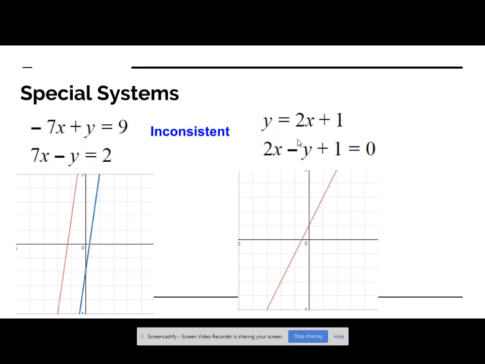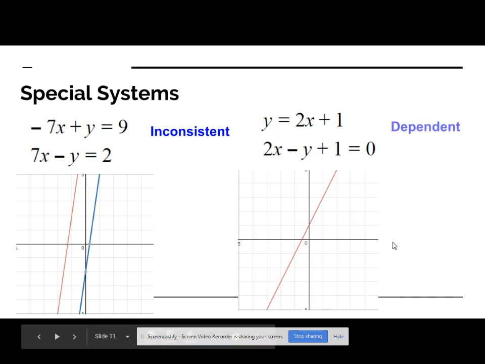These two equations will always intersect. They will always share points because they're the exact same thing. So it's like one line laying on top of another line. They intersect an infinite number of times. 0 always equals 0 when you solve it. And so we call this a dependent system, where there's an infinite number of solutions.